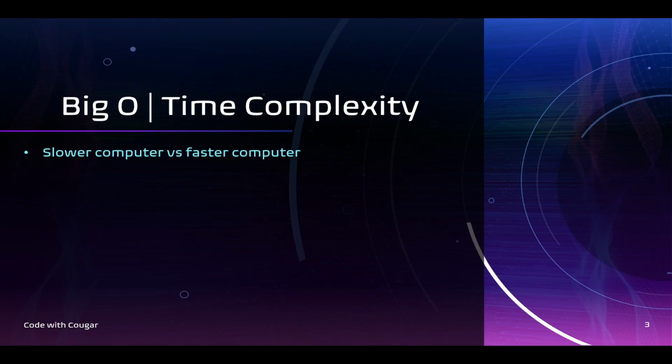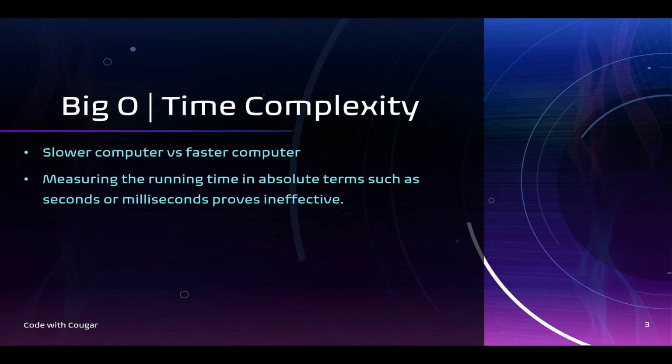Now, the primary reason for utilizing mathematical notation like big O of n or big O of log n to express the time complexity of an algorithm is the significant variation in execution time based on the computer or the system being used. For instance, a slower computer may complete the same task in 5 milliseconds, while a faster computer could accomplish the same task in 2 milliseconds.